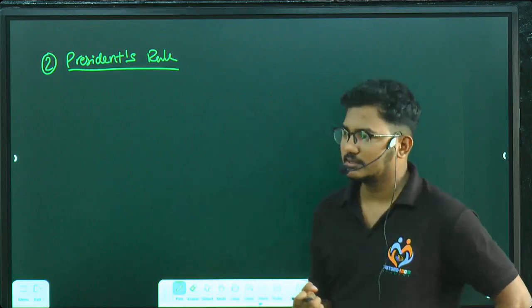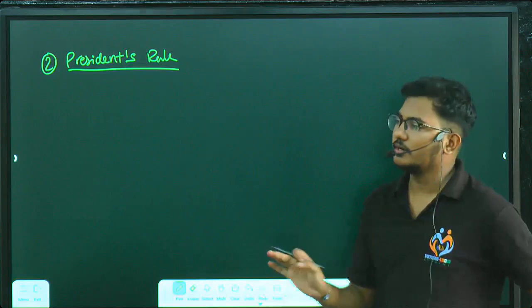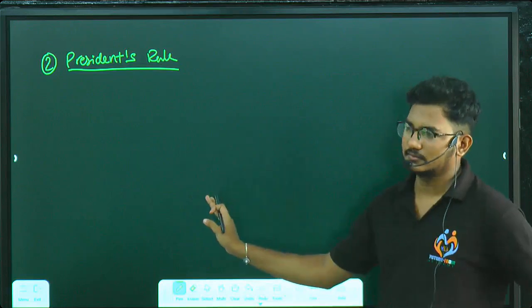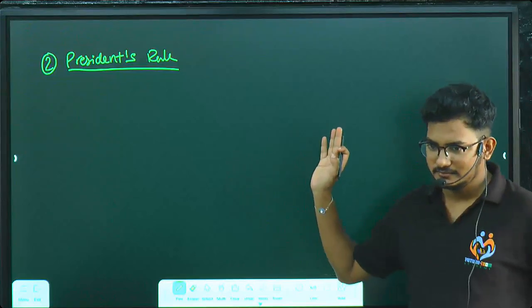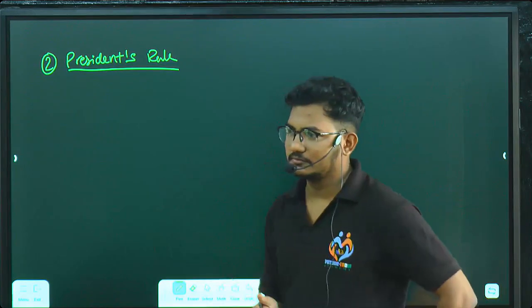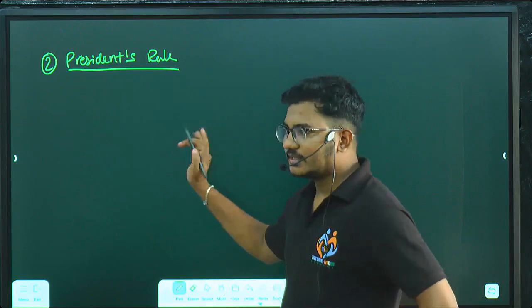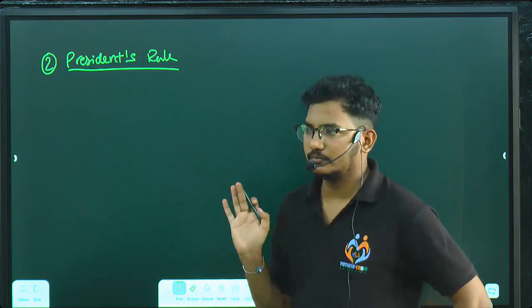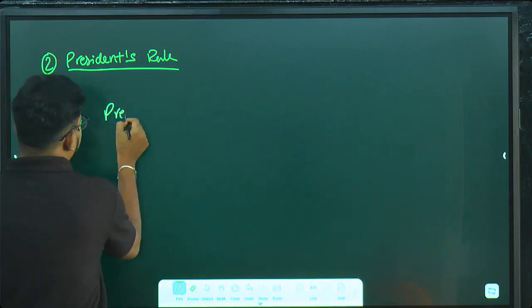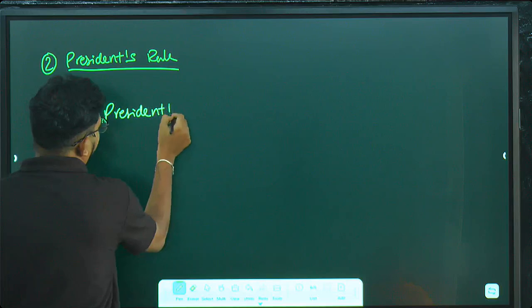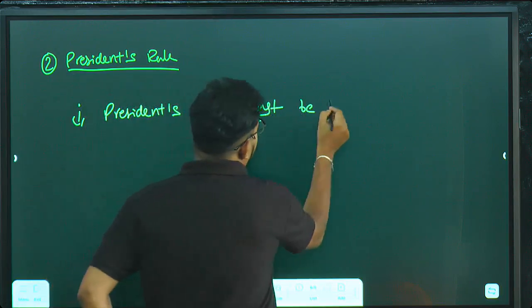Even Ambedkar said, I'm giving this article here, but I don't want anyone to use it. But still, it has been used more than 350 times around. Okay. So here, this should be the last window. What they have said? President's rule must be the last window.